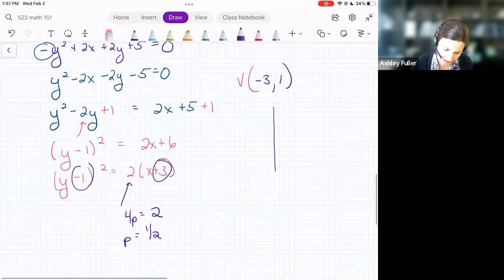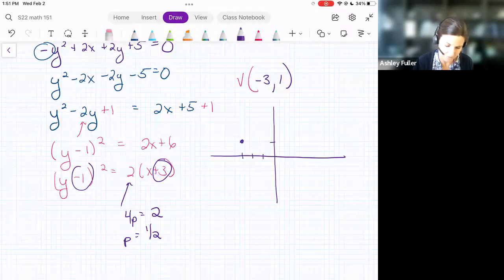When I go to graph this, I'm going to go to -3, 1. And then I move p distance, which means it's going to move me 1/2 to get my focus and my directrix here. And then again, I know that this is a distance of 2p.